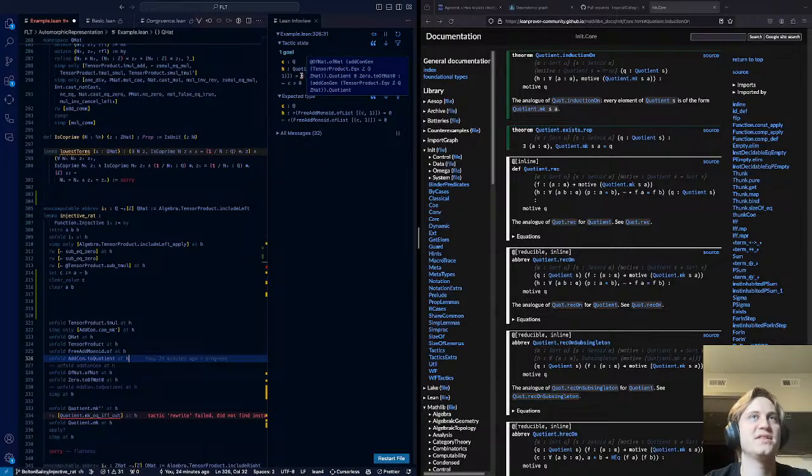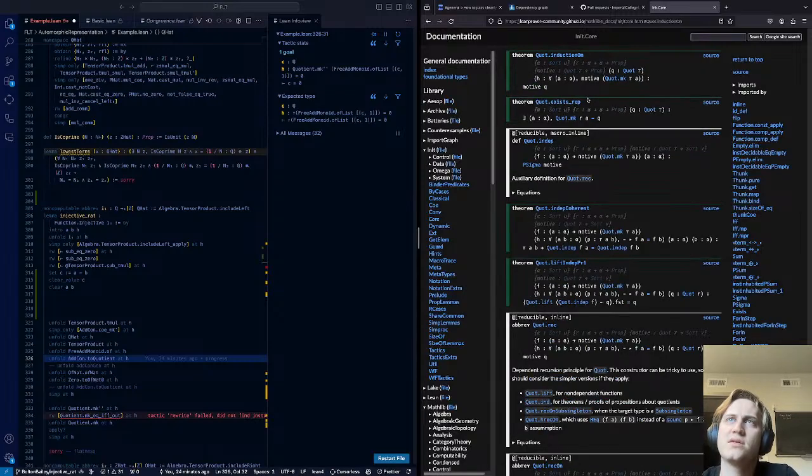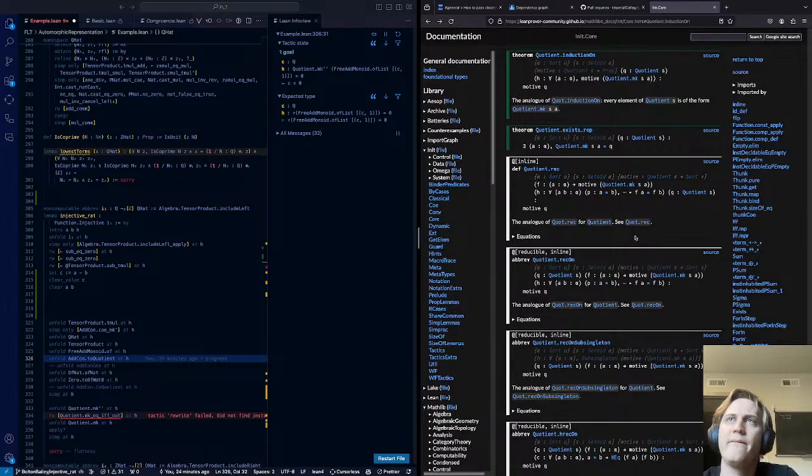So I guess the point is that this is of a quotient type as well. It's so annoying that it has this sort of motive. I feel like this never actually appears. Motive quotient S to Prop. Quot.inductionOn. Quotient.rec.